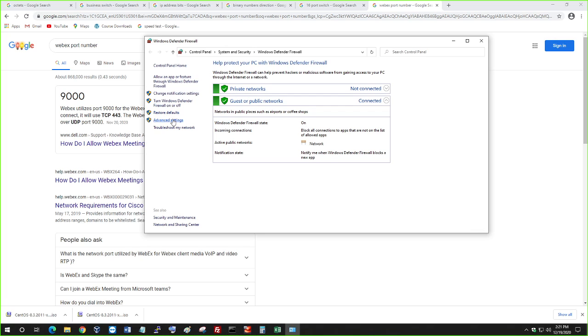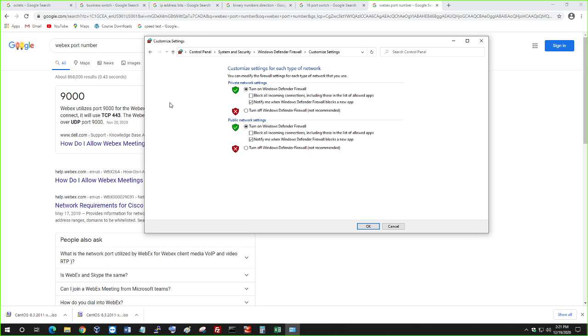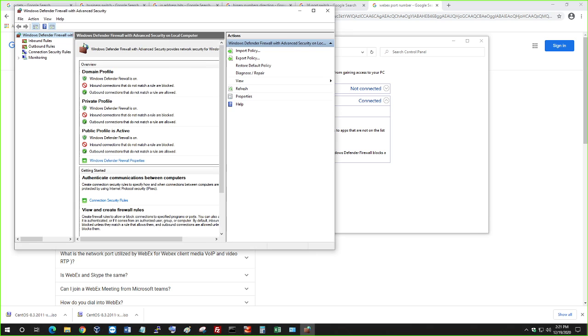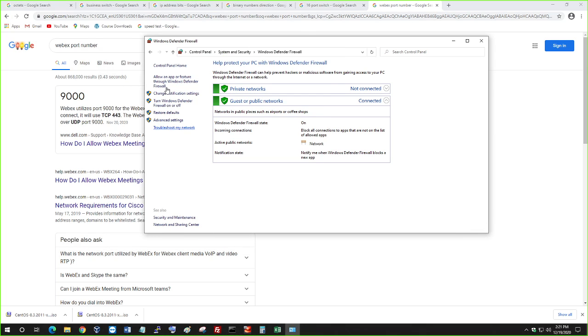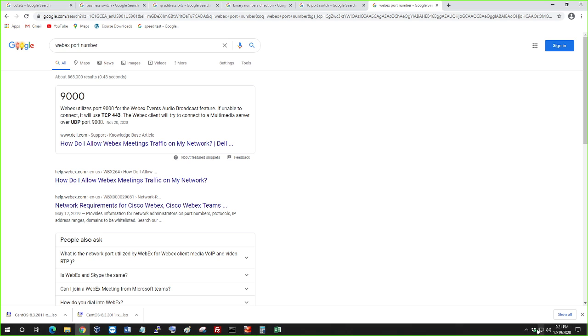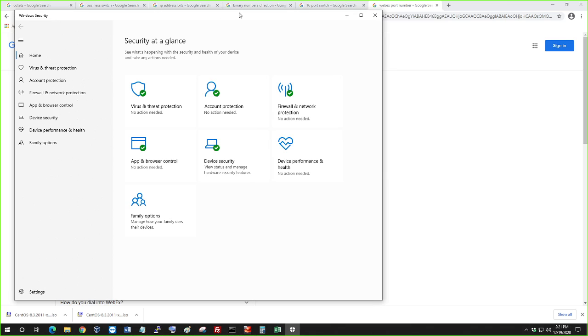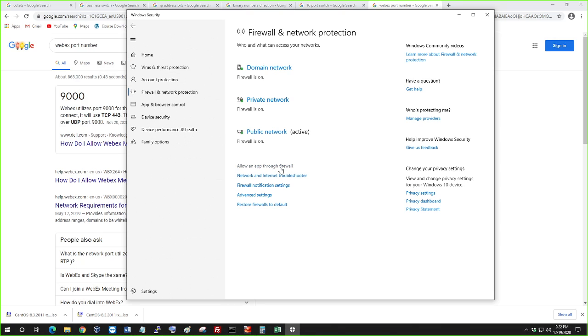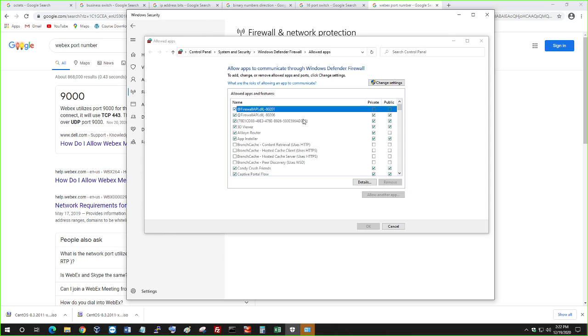If you look in here in advanced settings, allow app through the firewall. So these are all the things here.